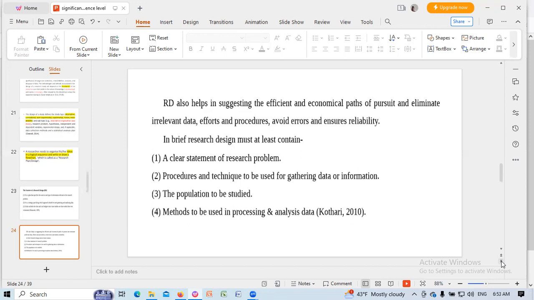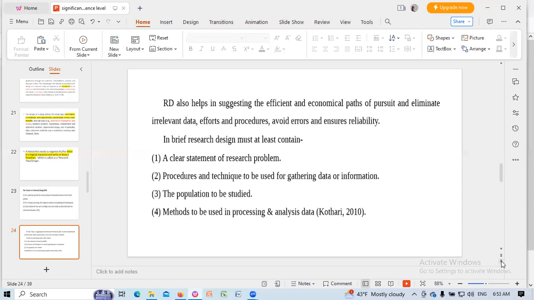In brief, research design must at least contain a clear statement of the research problem, procedures and techniques to gather data and information, the population to be studied, and methods to be used in processing and analyzing data.